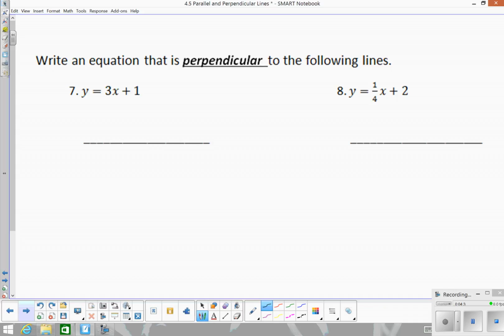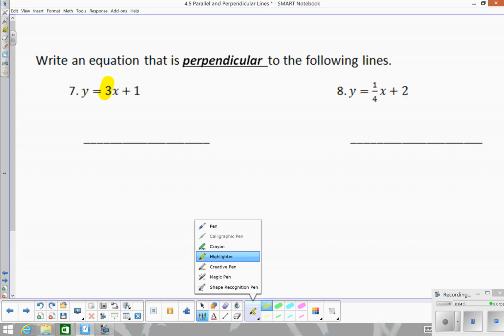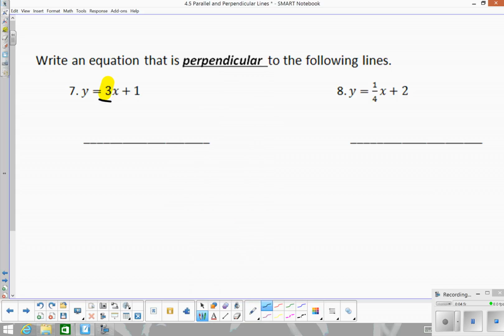Okay, so now I want to write a line that is perpendicular to the following equations. If I have y equals 3x plus 1, this is a little bit trickier, but it's not that much different. If I have a slope of 3, first you have to figure out what the perpendicular slope would be. Just like we did, if I have an integer, it's going to be 3 over 1.